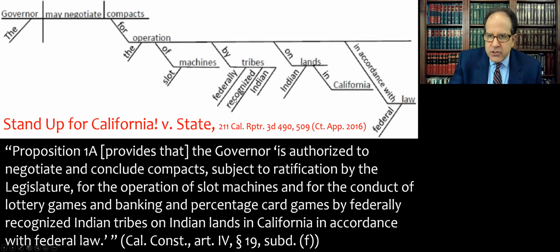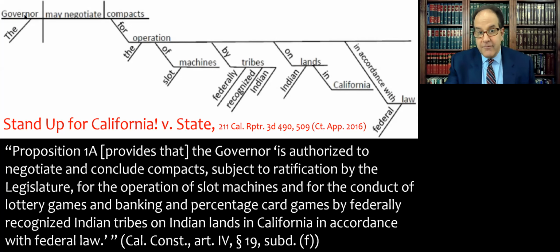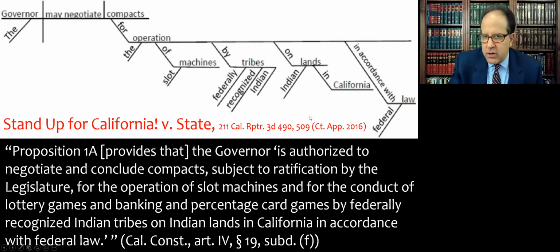Now notice we have these multiple prepositional phrases. The court is saying that all of these modify operation except for this one, in California, which modifies lands. And this really matters. Are the compacts in accordance with federal law, or is the operation of the casinos in accordance with federal law?